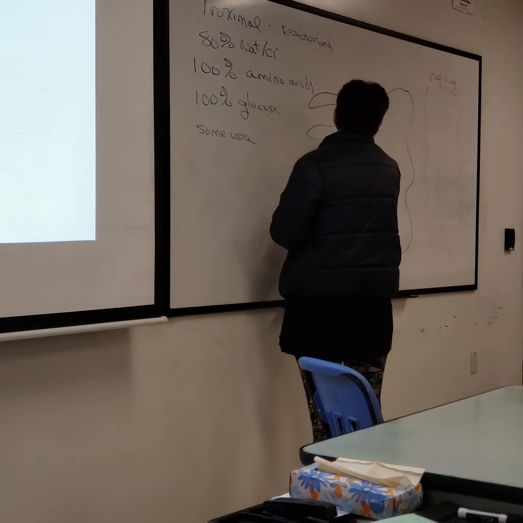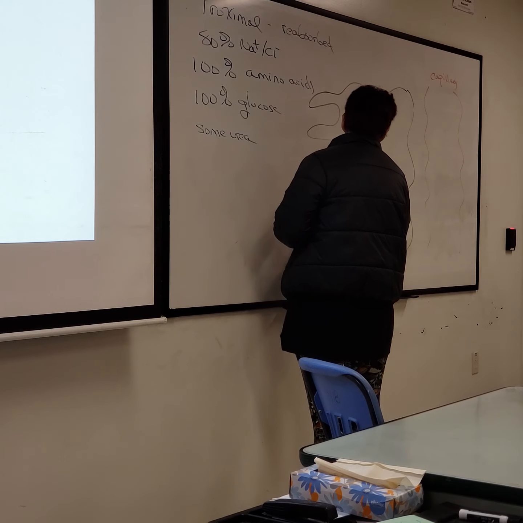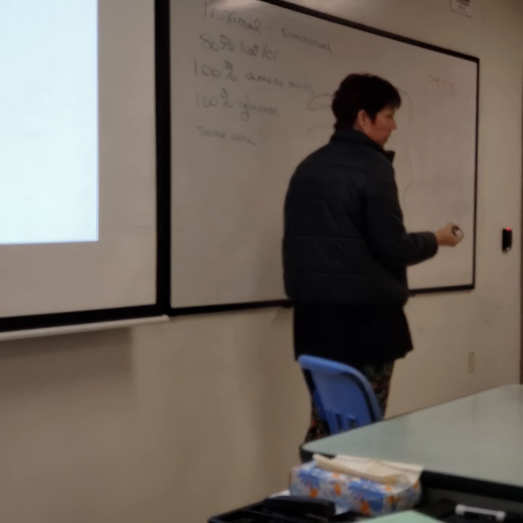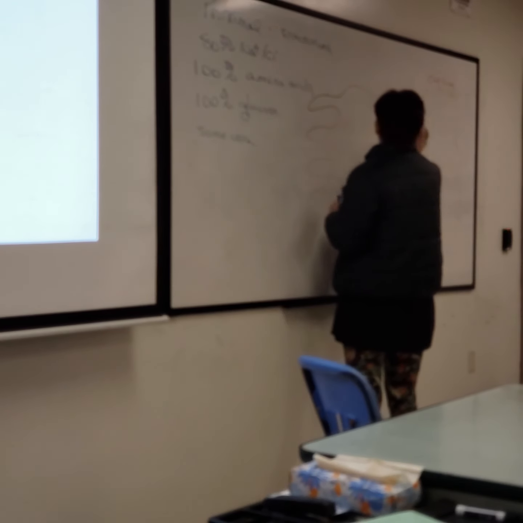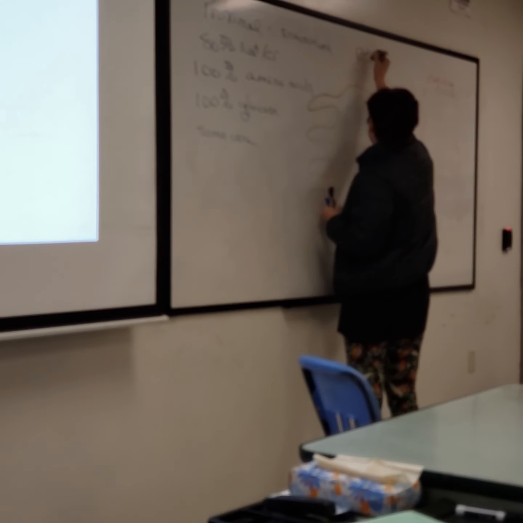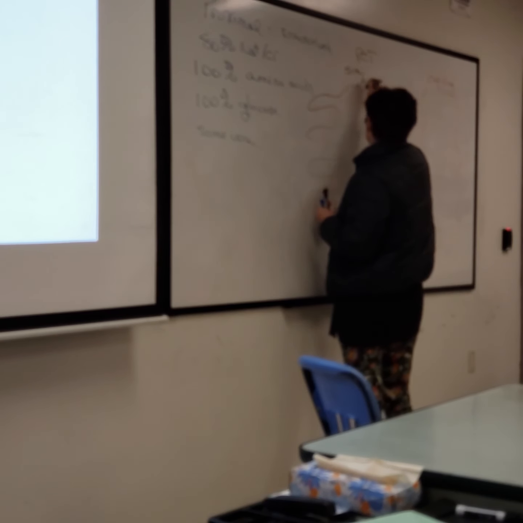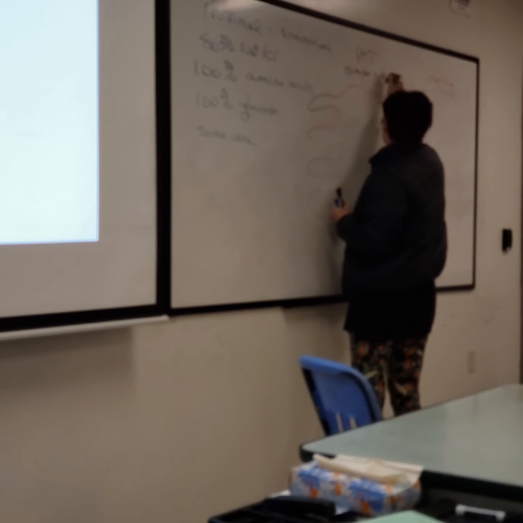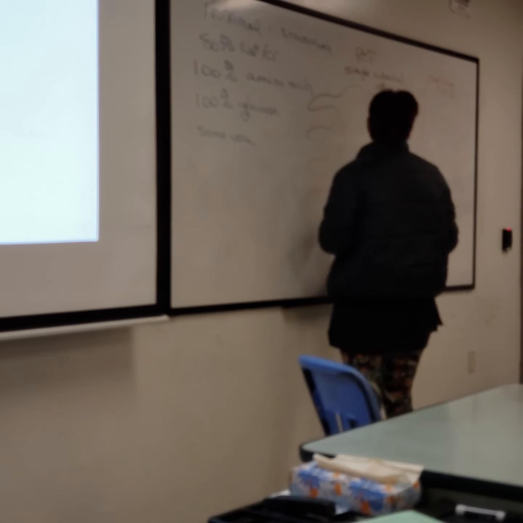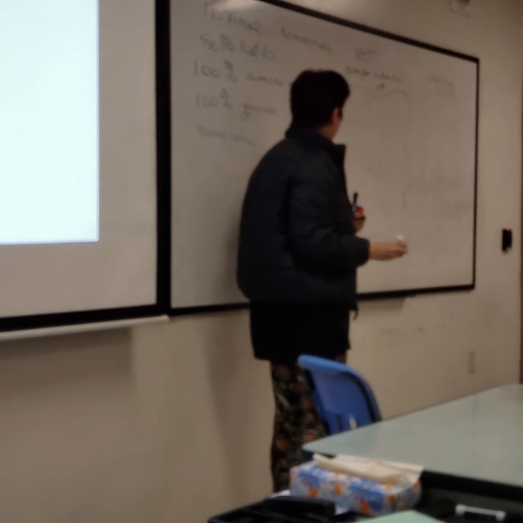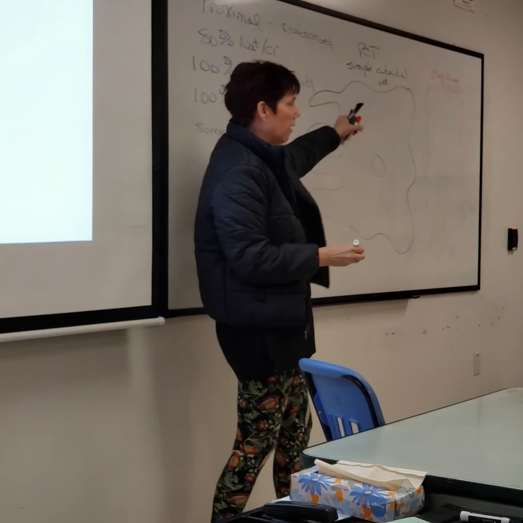And although it has much longer microvilli than this, I'm not drawing them in there. So this is a proximal convoluted tubule, a simple cuboidal cell.